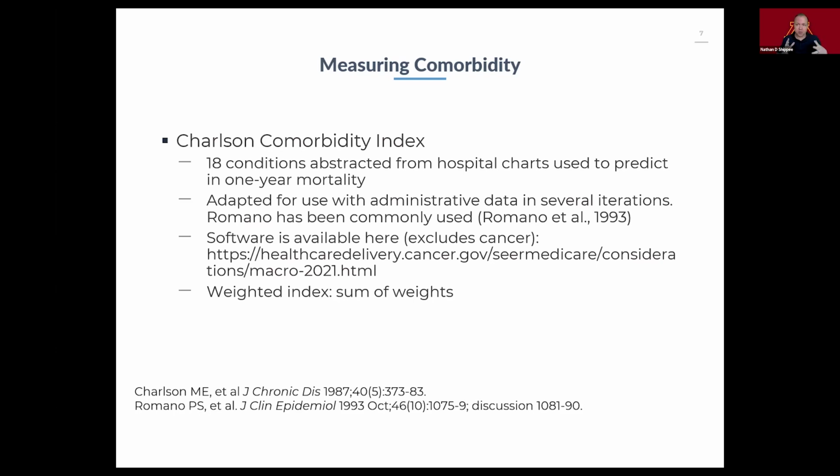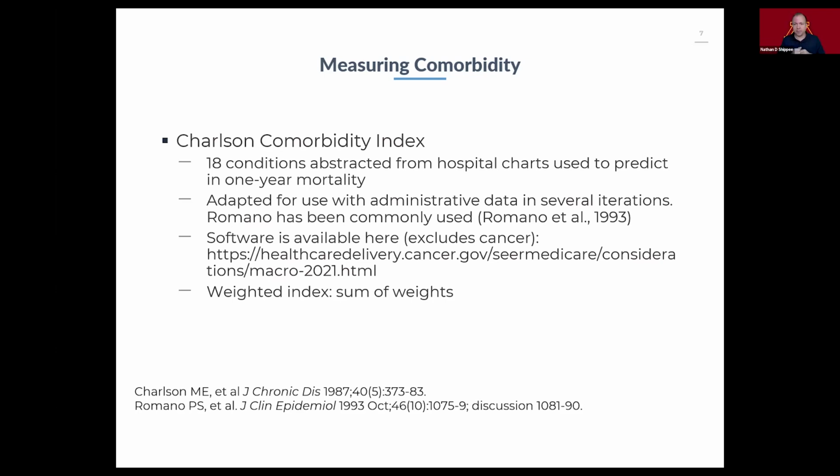And I just want to note that the Charlson score is not a count of conditions. It is not a count of conditions. Rather, each condition is assigned a score that is a weight. We'll talk about what that weight is in a second, but keep in mind that if somebody has a particular condition, that condition is translated into a certain weight, which is an integer.